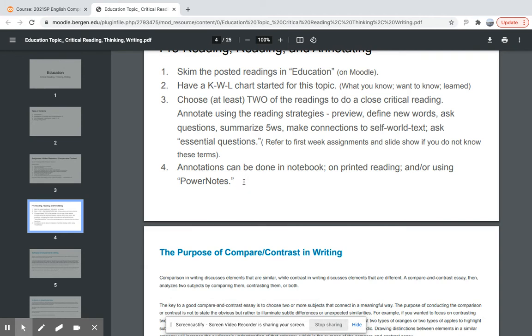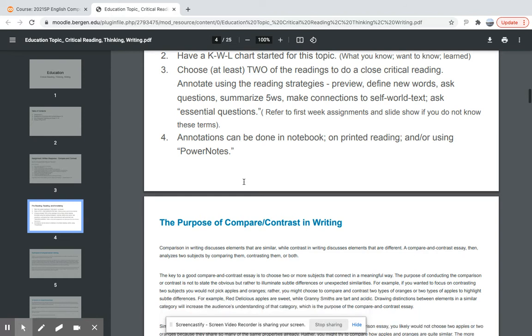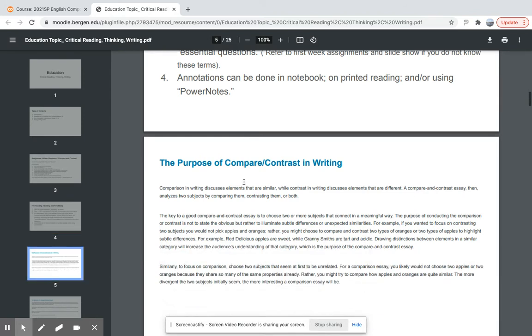All of those things go back to what we've been talking about from the first week. Annotations can be done in your notebook, on the printed reading, and/or using PowerNotes.